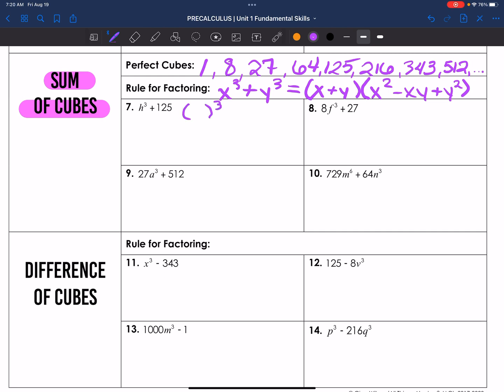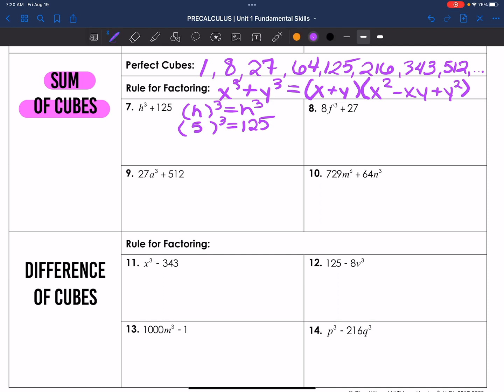What cubed is h cubed? Well, that's just going to be h. And what cubed is 125? What cubed is 125, y'all? That is 5. So those are your x and y in your rule.